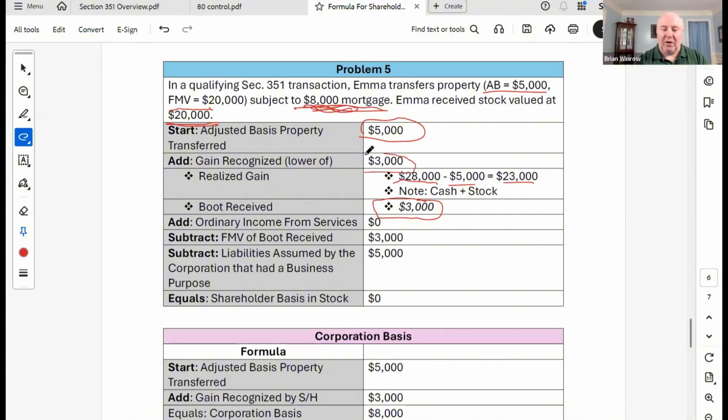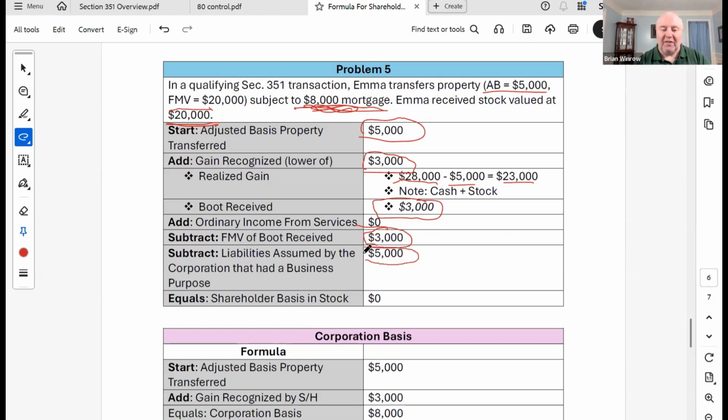Well, 3,000 is lower. So now we're going to go 5 plus 3 minus, well, we don't have any service income. We subtract out our boot. And then we subtract out the other part of the liability.